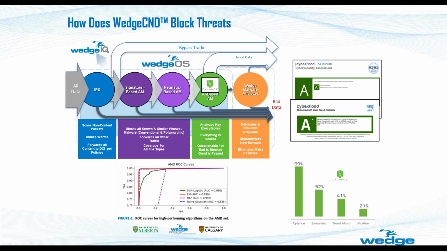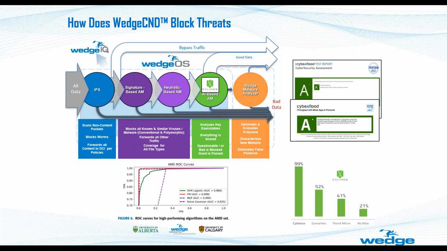So during this scanning process, both the DPI and the DCI engines also have the capability to filter web URLs, we call it web filtering, blocking access to malicious websites. So Wedge's security operating system, we call it Wedge OS, has received A++ ratings in the Spinel laboratory test.